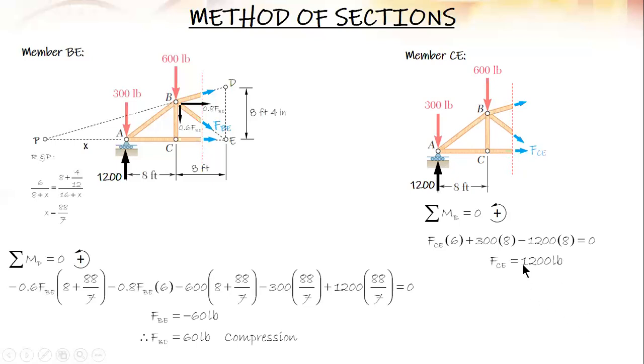And CE is positive 1,2, therefore FCE is 1,200. The nature of the force is tension. So that is what is done in the method of sections. It should be one equation, one unknown.